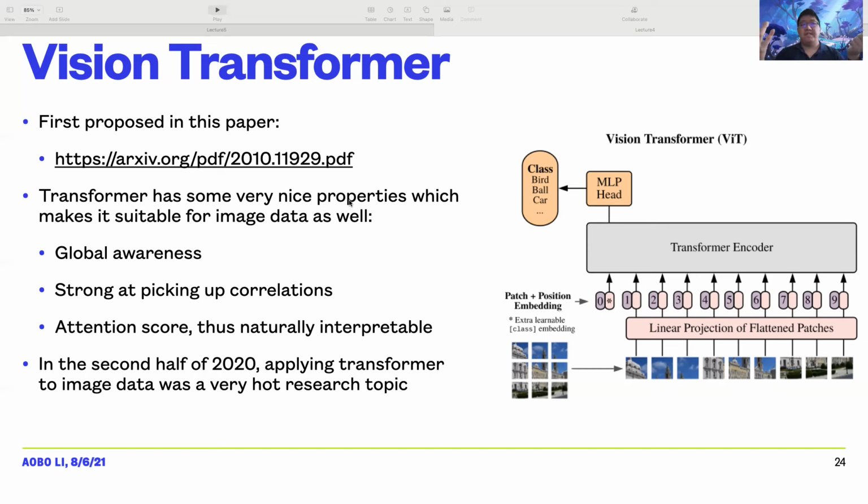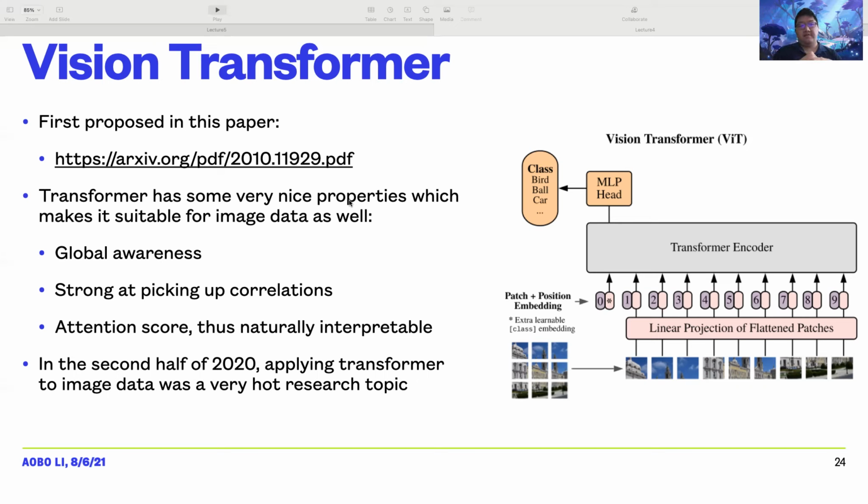For example, we talked about global awareness, and that it's very important to find global awareness in image data, and transformer naturally enforces global correlation, which gives rise to global awareness. It's also very strong at picking up correlations. And lastly, it has this feature called attention score, which is naturally interpretable and can help us understand which part of the image it's looking at.